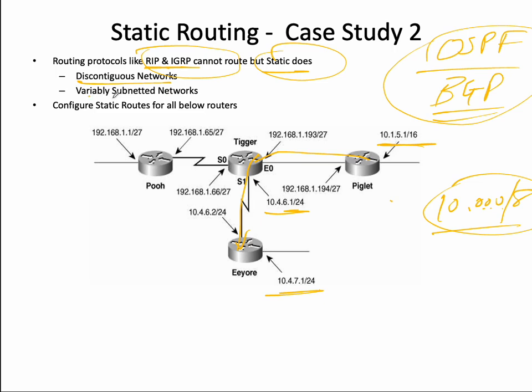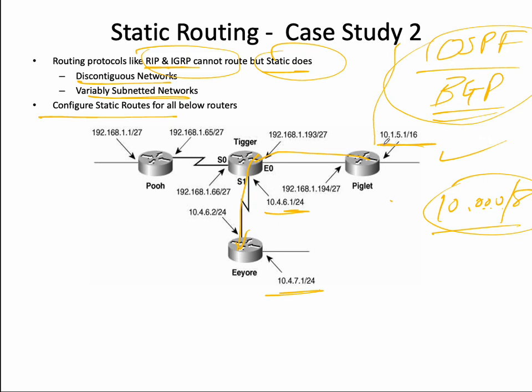And that's a limitation. But if you use static routes, you can configure it using a static route, or dynamic protocols like OSPF and BGP, because those are the most advanced routing protocols, and they can handle discontiguous networks more efficiently.